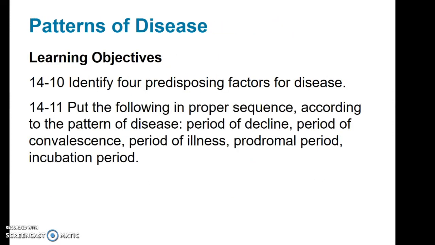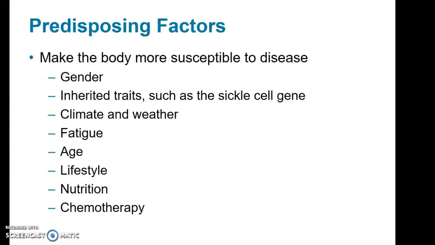So next we're going to talk about patterns of disease, and we're going to look at predisposing factors for diseases, and we're going to talk about the development and decline processes for how diseases progress.